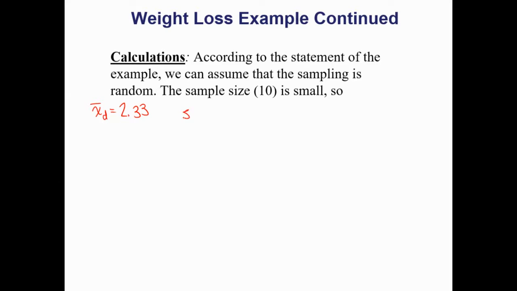For the standard deviation, we said it was 2.67. For N, we said it was 12. And what did we say alpha was? Good.